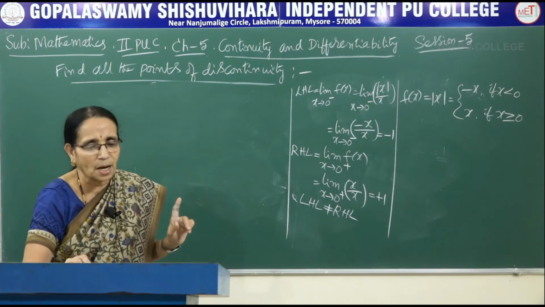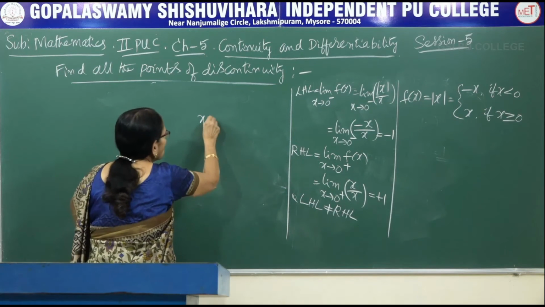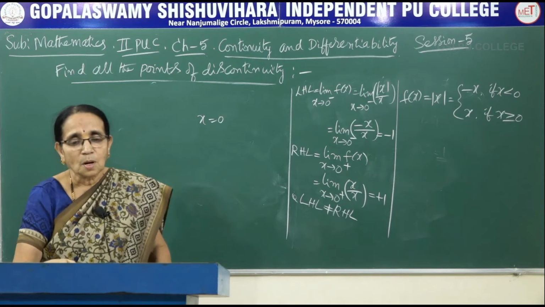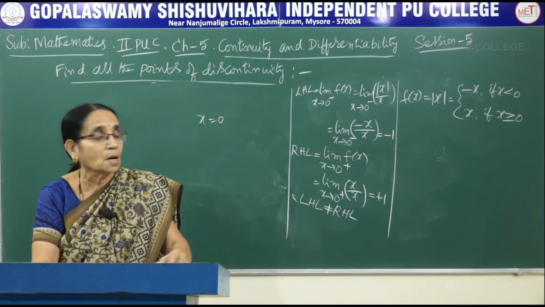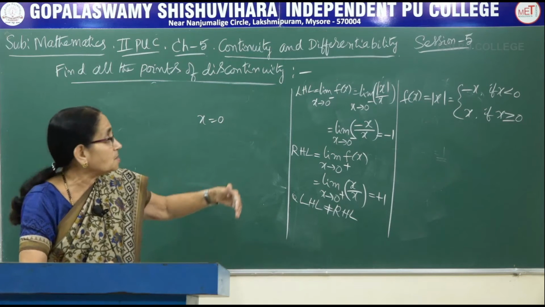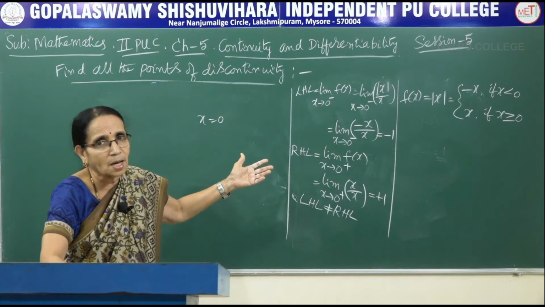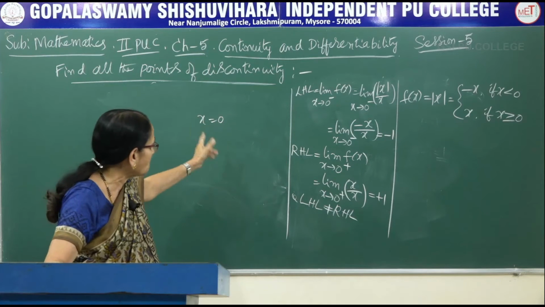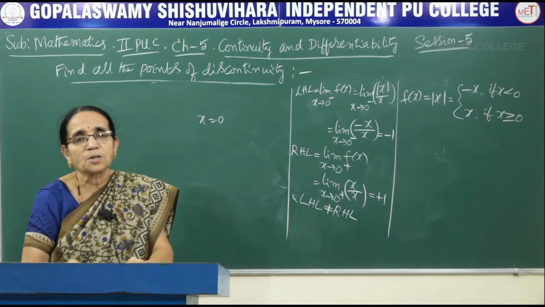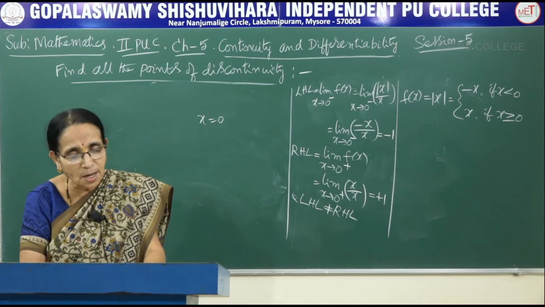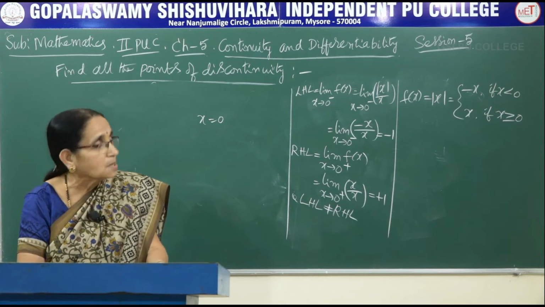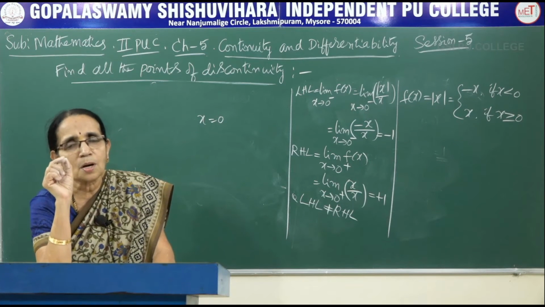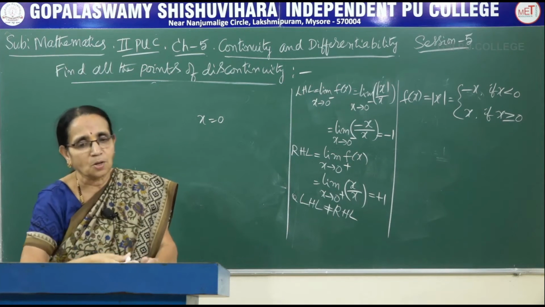Therefore, finally you have to write x is equal to 0 is the point of discontinuity. So before 0, after 0, we need not. Even that you can, when x is less than 0, greater than 0, you can take separately also. Then you will be getting the same thing. It would be continuous. But at the point exactly equal to 0, the function becomes discontinuous. So to write the answer, you have to use the sentence. Therefore, x is equal to 0 is the point of discontinuity.